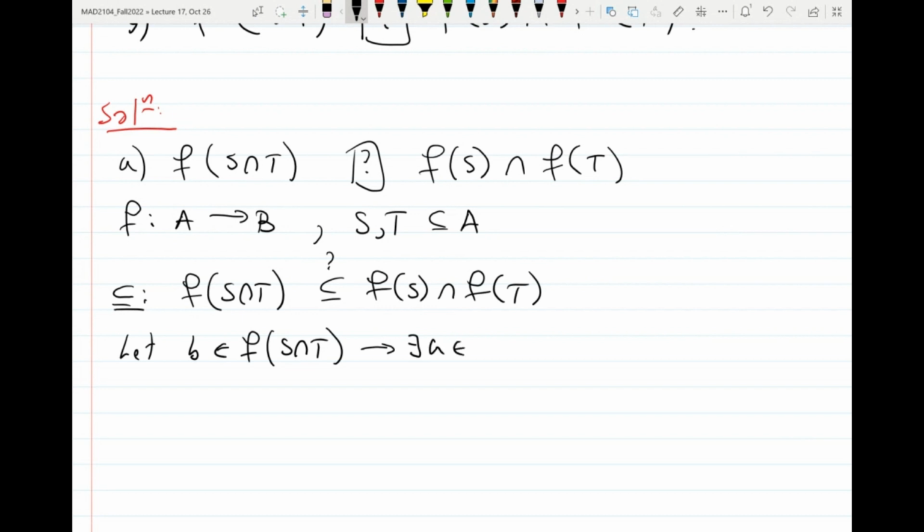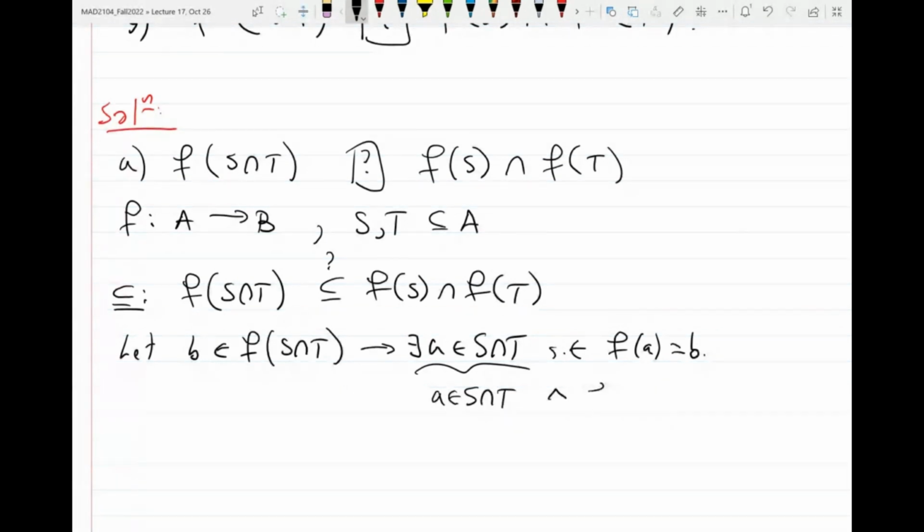So there exists an a in the intersection such that f of a equals b. That's just the definition of image.